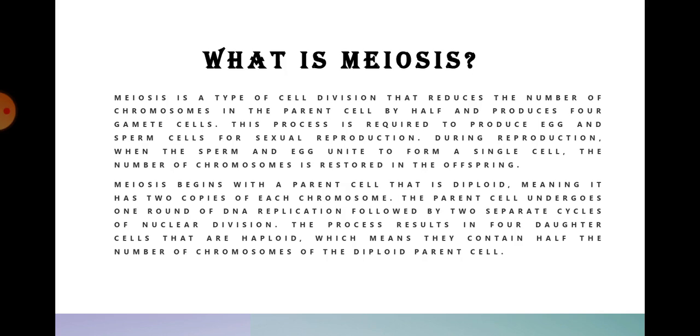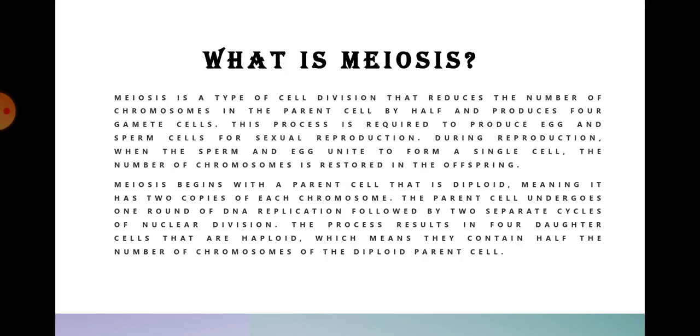The parent cell undergoes 1 round of DNA replication followed by 2 separate cycles of nuclear division. The process results in 4 daughter cells that are haploid, which means they contain half the number of chromosomes of the diploid parent cell.